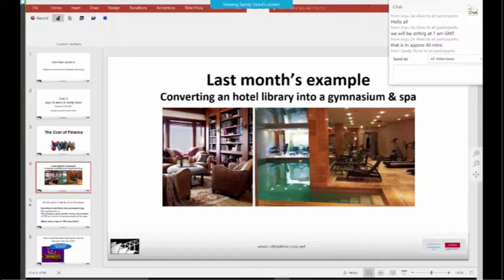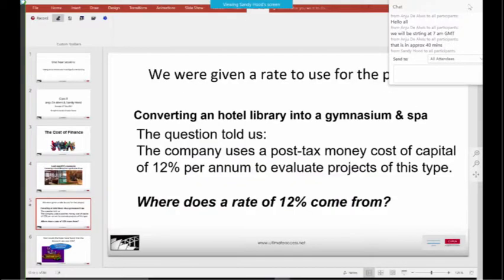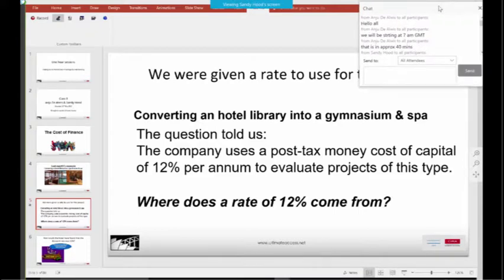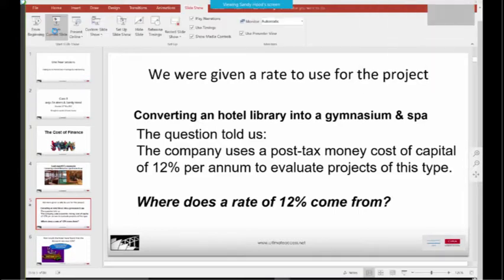There is a little bit of a link between the two. It doesn't impede you if this is your first session, but last time we looked at a hotel that was converting a library area into a gymnasium, and to do that we had to apply a particular post-tax money cost of capital.